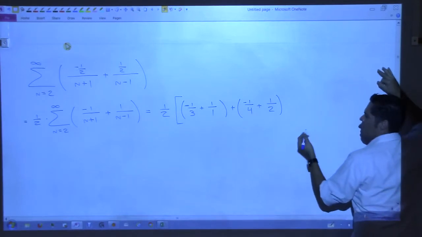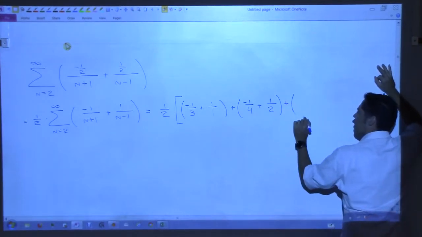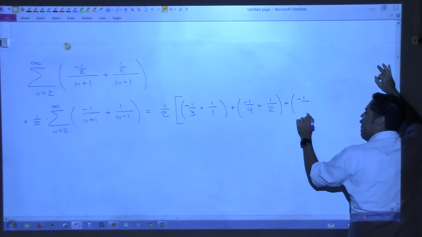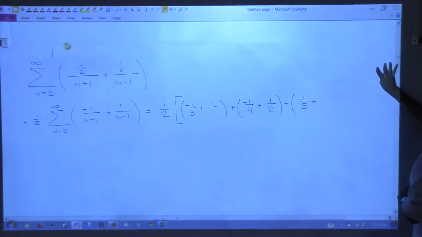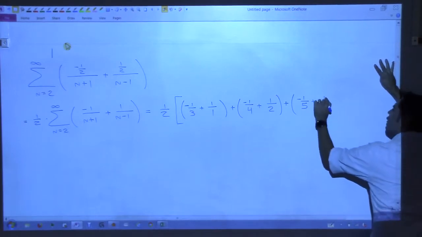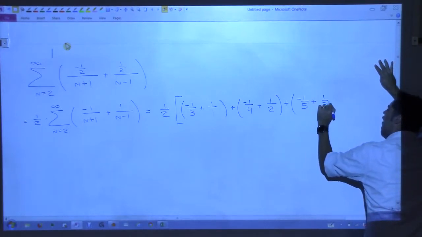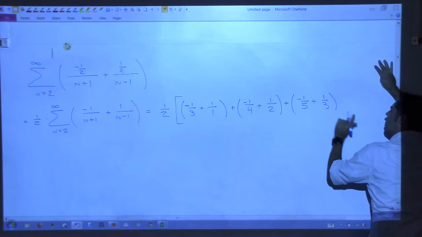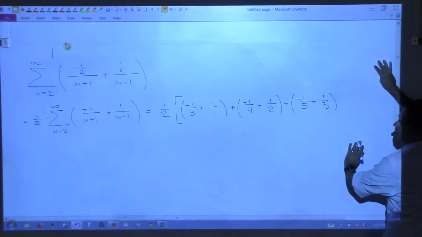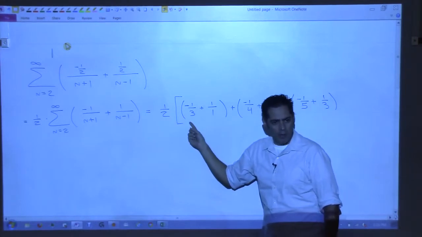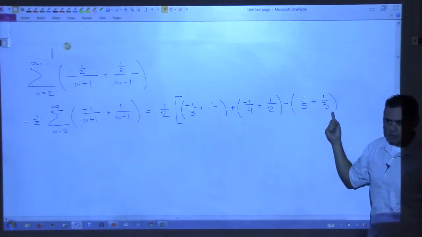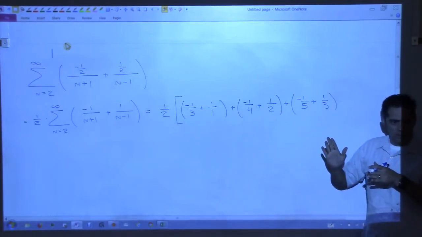Okay, let's do another one. Negative 1 over 5 plus, plugging in 4 now, 1 over 3, hold on. I thought I saw 1/3 somewhere. Oh, there was a negative 1/3 out here, wasn't there? Negative 1/3, positive 1/3? Wouldn't those cancel out?